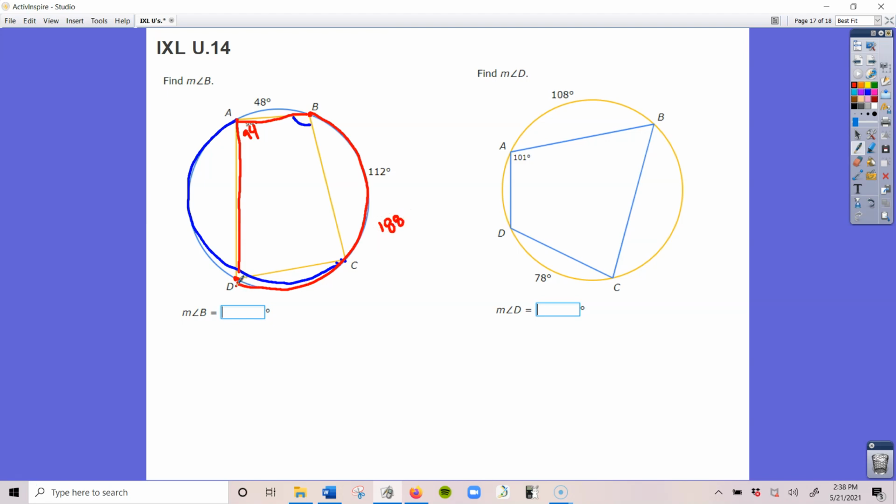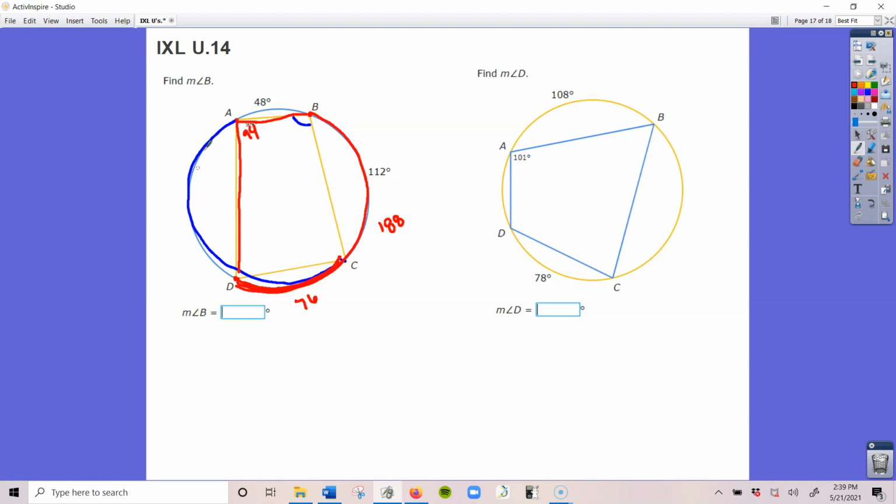But what I need to figure out is this one. Because if I know this one, then I have all of these arcs that I could then subtract from 360 to get the leftover, which is this angle here. And then I'll get to that. So we just want to find all of these measures. So we do 188 minus the 112 to get that leftover piece. So this piece here is 76.